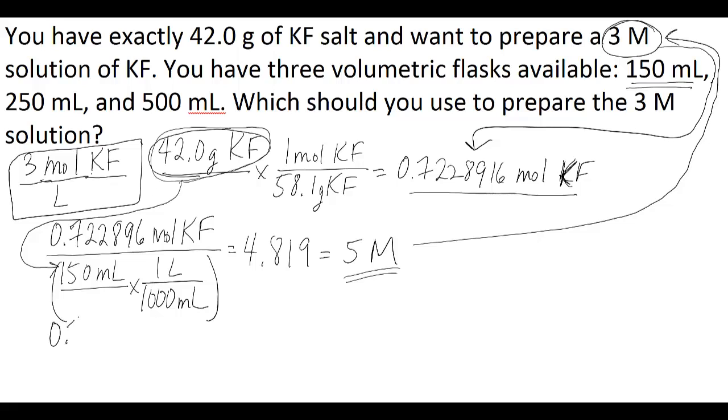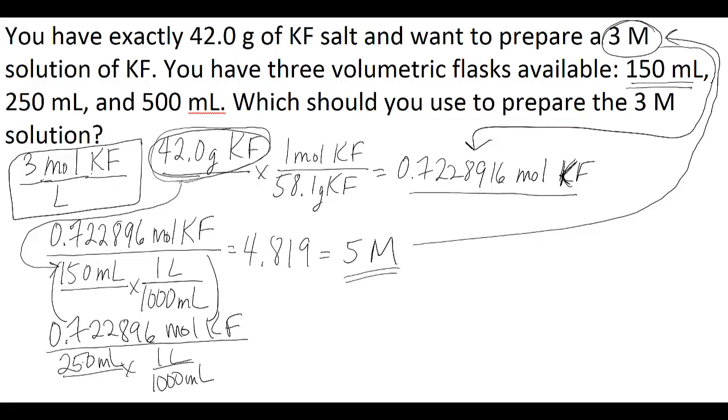You have 0.722896 moles of potassium fluoride, and your next volumetric flask, your next size, is 250 milliliters. Converting that to liters, because we're dealing with molarity. And when you do the math there, you'll get 2.892.